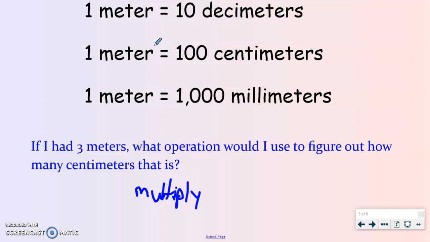It wouldn't just be 10. I would have to multiply by 100 in order to figure out how many centimeters I had in 3 meters. So pretty easy. 3 times 100 would be 300. So 3 meters would be 300 centimeters.